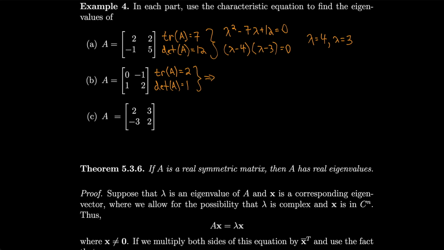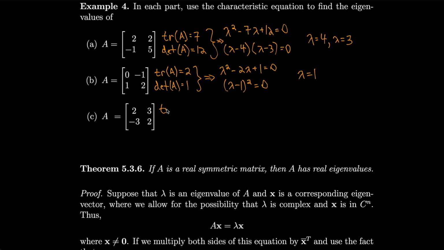So that tells us that we have lambda squared minus 2 lambda plus 1 for our characteristic equation, and that means that we have lambda minus 1 squared equals 0 when we factor, so we have a repeated eigenvalue of lambda equals 1. Makes sense, because b squared minus 4ac is 0.